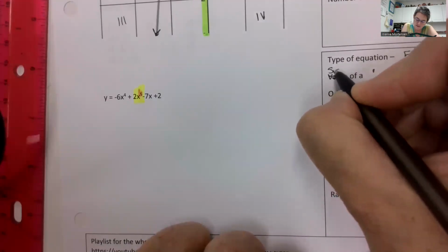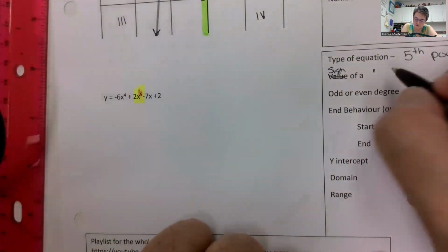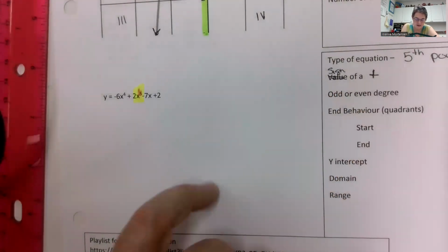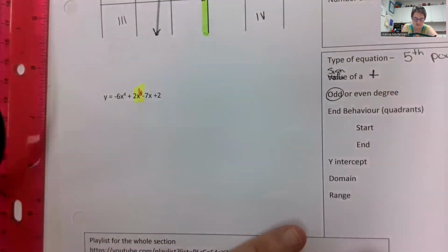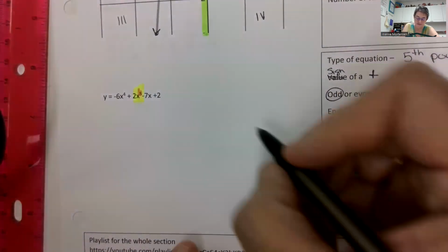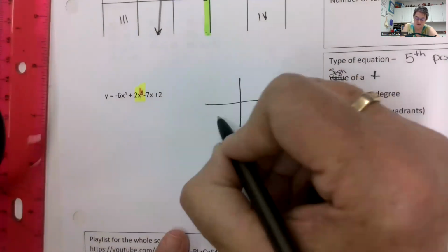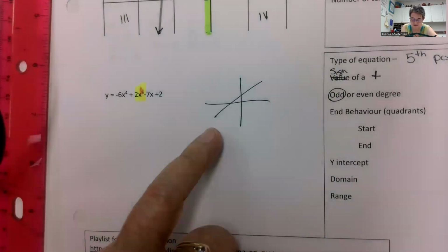That should be sign of A. I don't actually want the value. I just want to know it's positive. And it's 5, so that's odd. So that means odd positive, and it's going to go like that. I don't know what happens in the middle, but it's going to be odd positive.